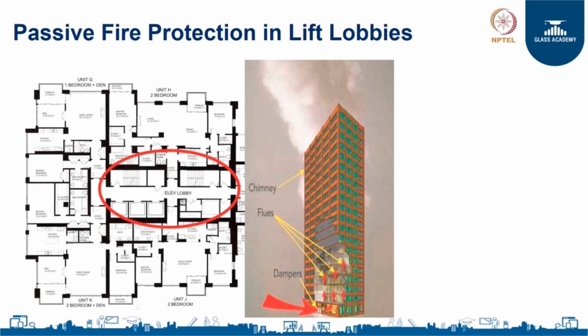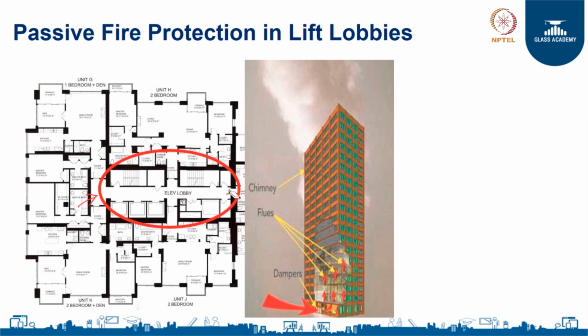The next area where one needs to pay focus on passive fire protection is in lift lobbies. If you look at the slide, you will see the floor plan of a typical building where there is a lift lobby, an elevator lobby.